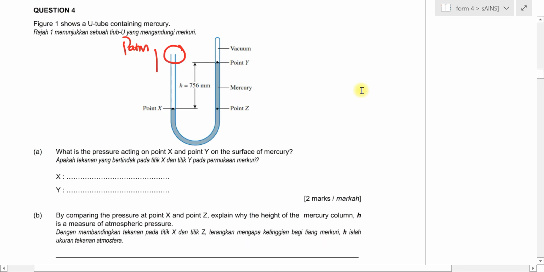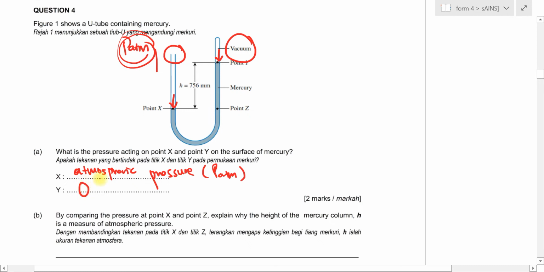Okay, what is the pressure acting on points X and Y on the surface of the mercury? That means what is the pressure acting here? You see here it is an open end, so atmospheric pressure will be acting, your P atm. Here it is vacuum. Can you see vacuum? Vacuum means no air particles. Then how are you going to exert pressure? So the correct answer should be 0 here, 0 Pascal.